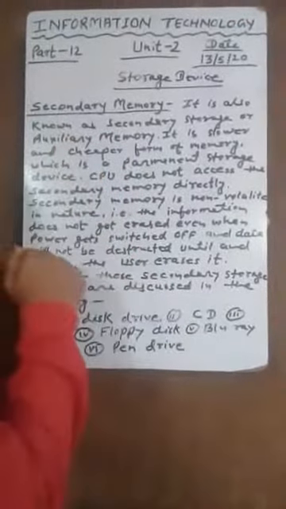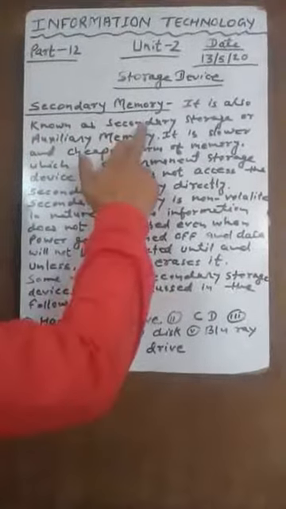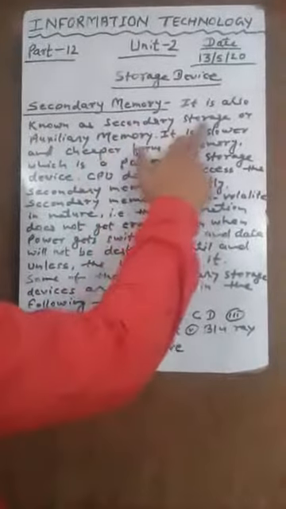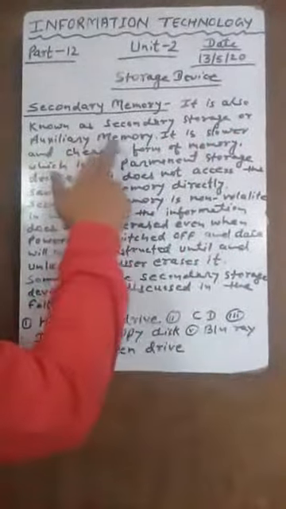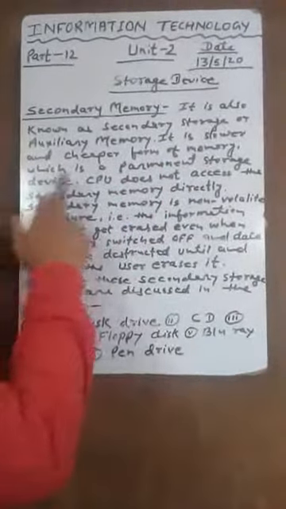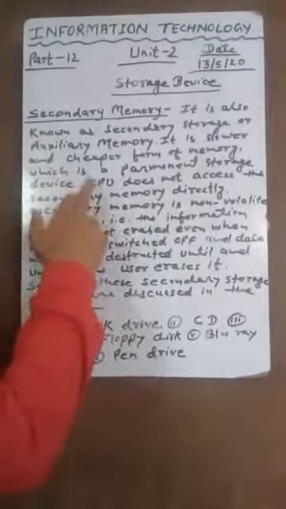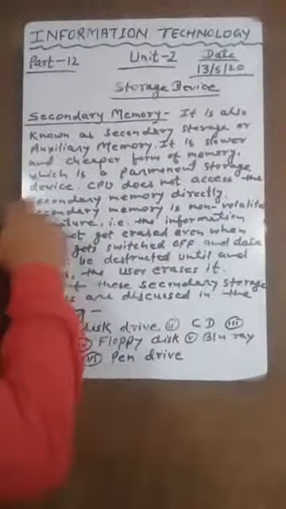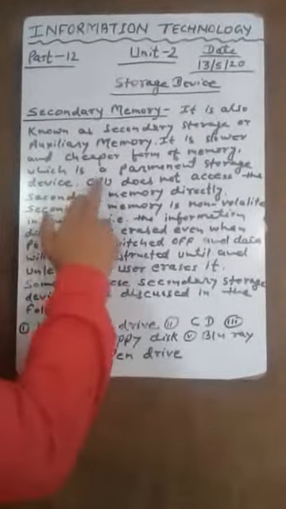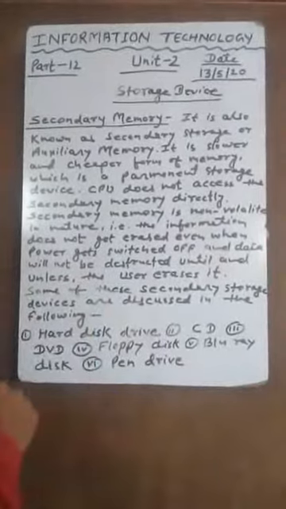Secondary memory is also known as secondary storage or auxiliary memory. It is a slower and cheaper form of memory, which is a permanent storage device. The CPU does not access the secondary memory directly.